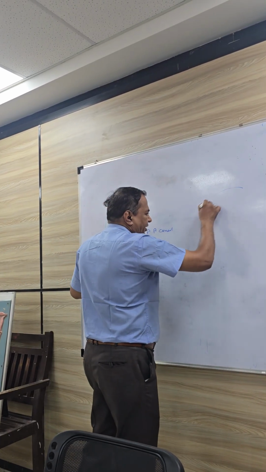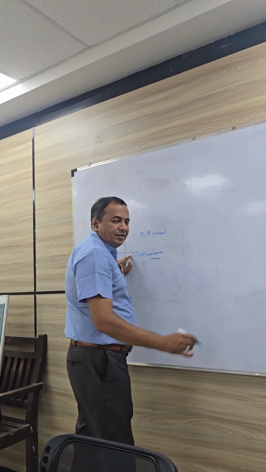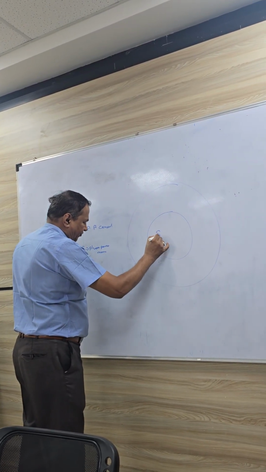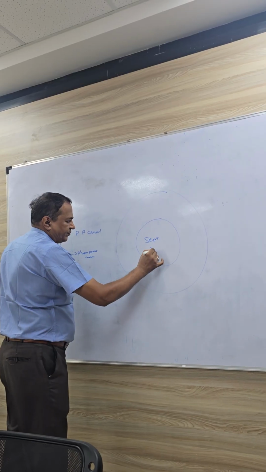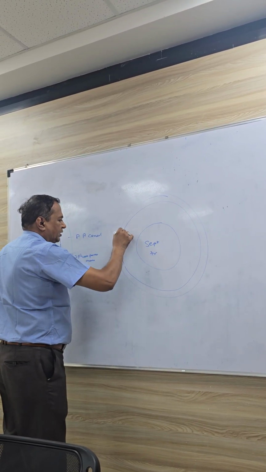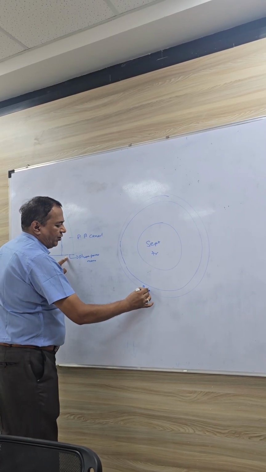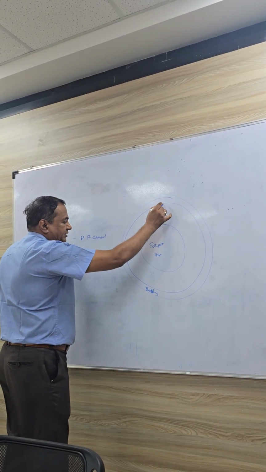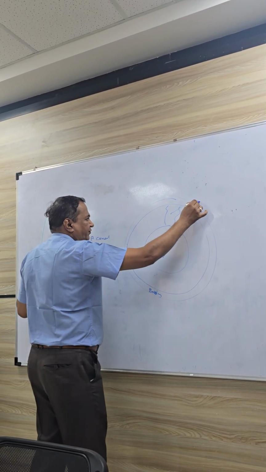When you see the development of the diaphragm, the major part of the diaphragm is formed by the septum transversum. The peripheral part is from the body wall. Again, some part is from the mesentery of the esophagus.